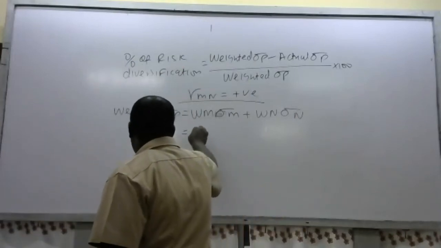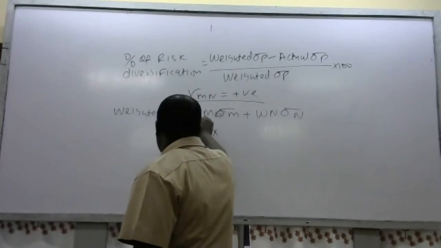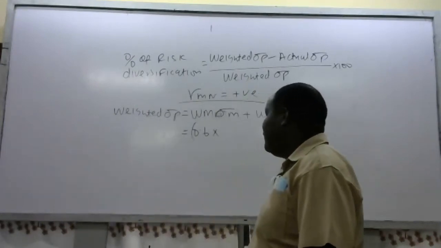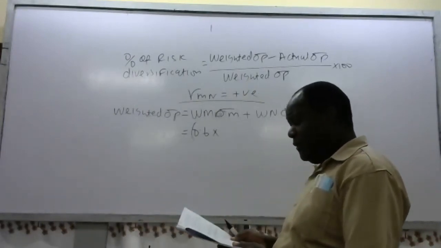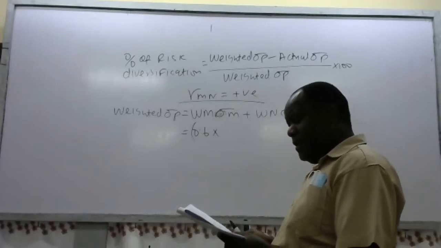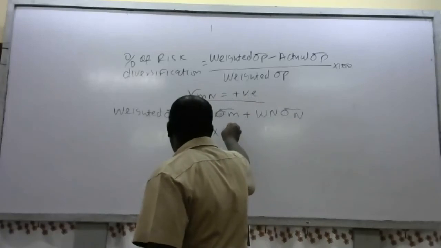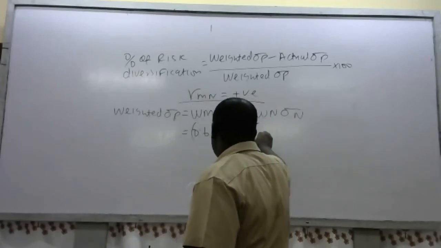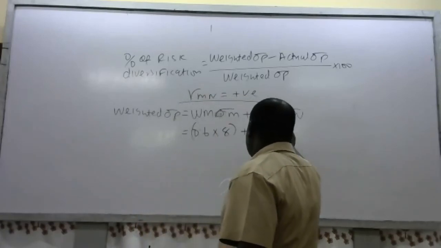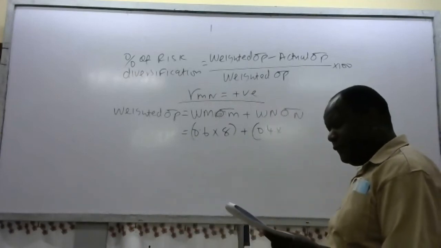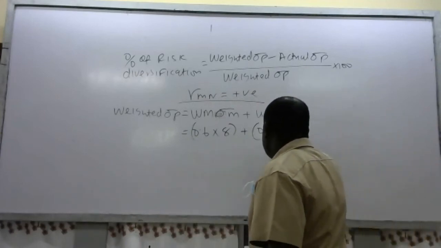This one we said 0.6. The standard deviation for M is also given to you in the question, a figure of 8. Then this is 0.4, so the standard deviation for N has been given as 6.